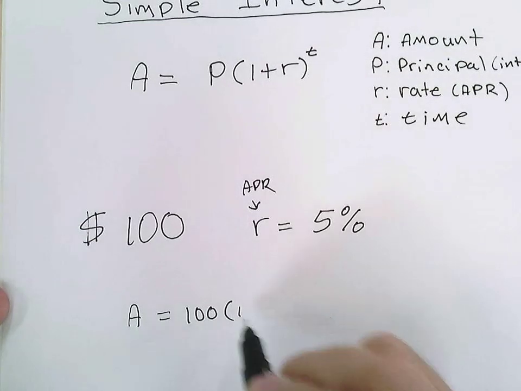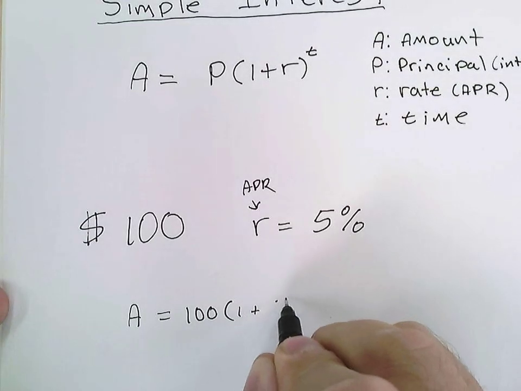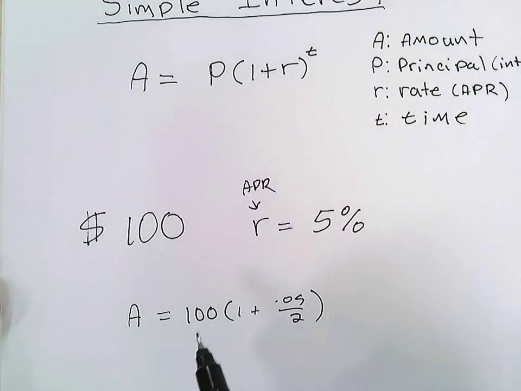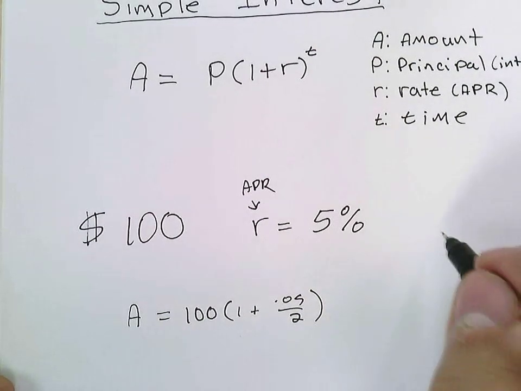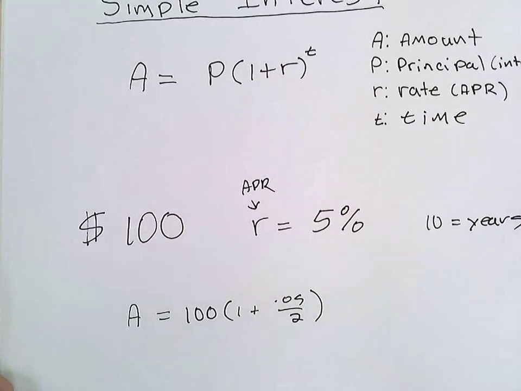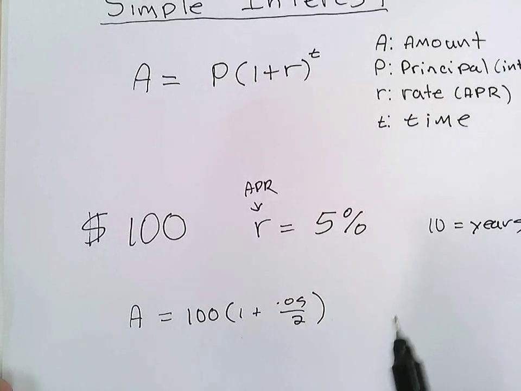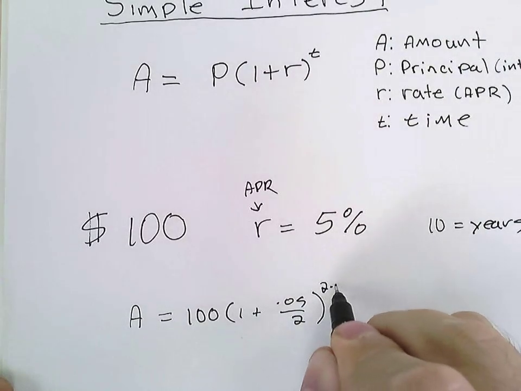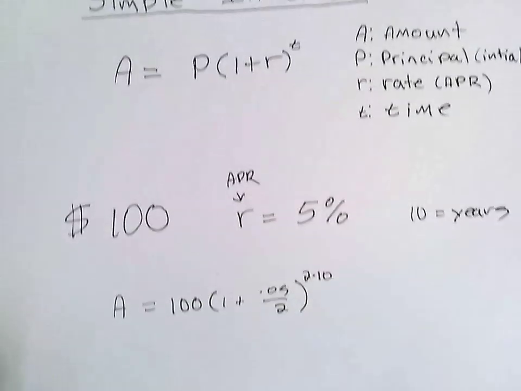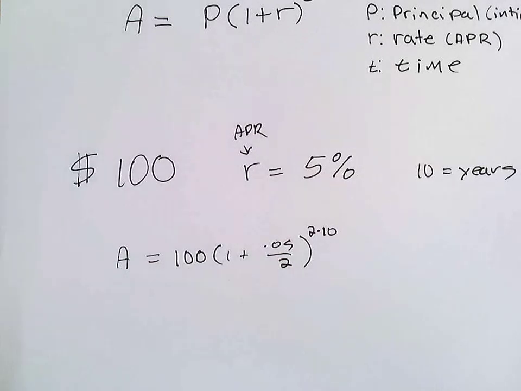So what I have to do is take 1 plus 0.05 and halve it, right? But if we do it for 10 years, if I'm compounding every 6 months, I end up doing it 20 times. So I'd take 2 times the 10, because there are 20 times that this is going to be evaluated. So that's compounded half a year.